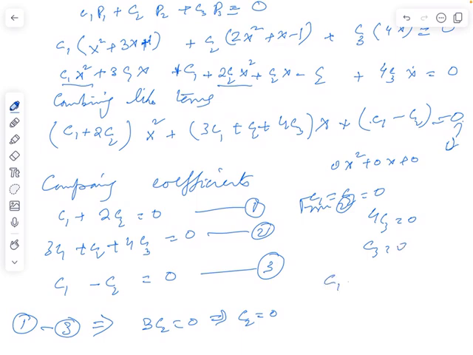Therefore, we have a linearly independent set. Okay, so that's how you should be able to do all these problems.